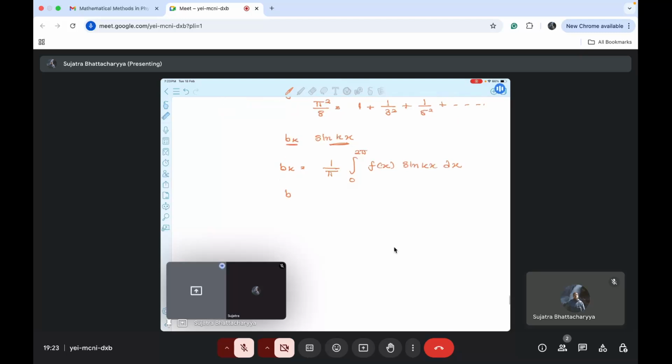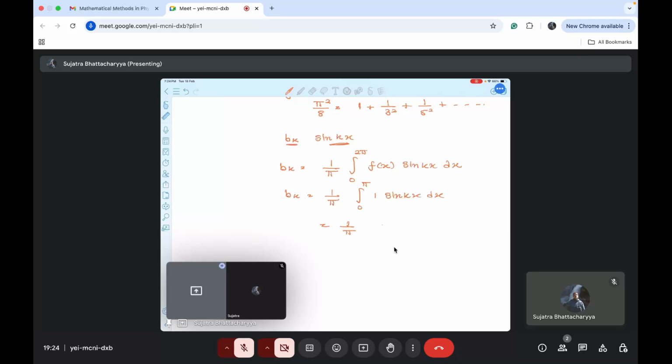So b_k is 1 by pi, but we only have the function from 0 to pi, we don't have any other things. So this will be 1 by pi, integral of sine kx dx from 0 to pi. Remember, this is not from 0 to 2 pi. So this will not be 0 here.